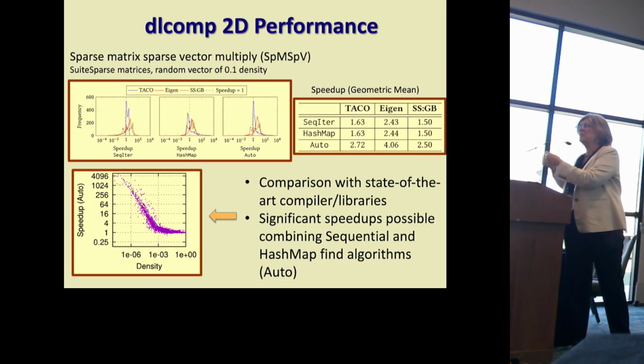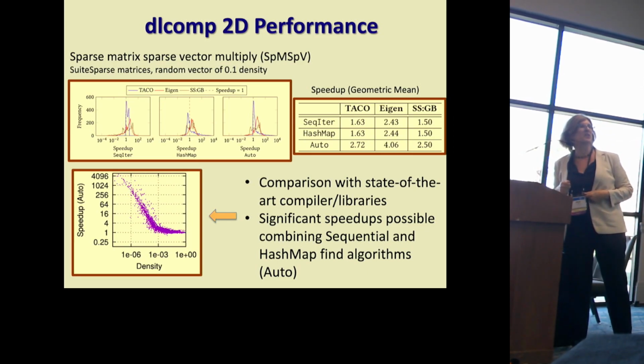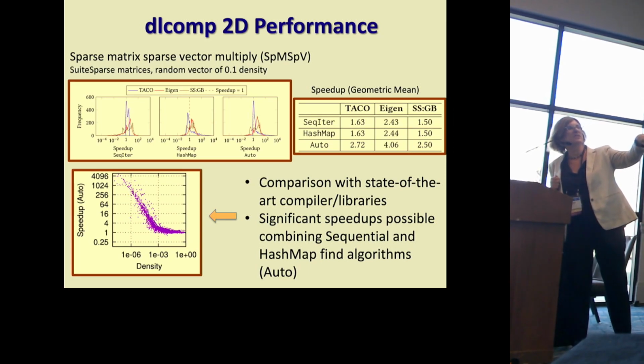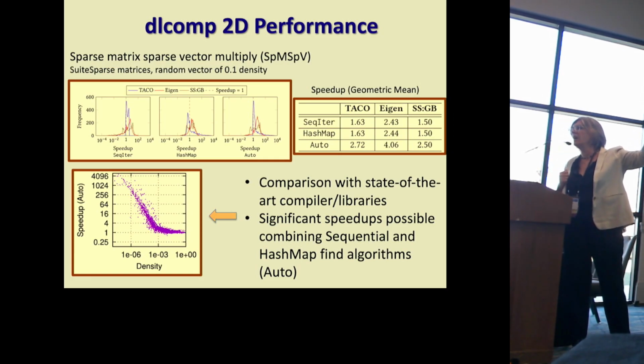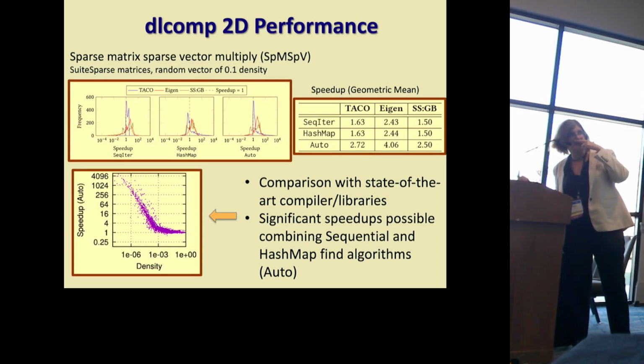We did a histogram. So we have two different find algorithms that were represented in this paper, a sequential iteration, which you saw in the previous slide, or a hash map, which is much more efficient if you have very, very sparse matrices. If you choose between the two, then the speedup is better.